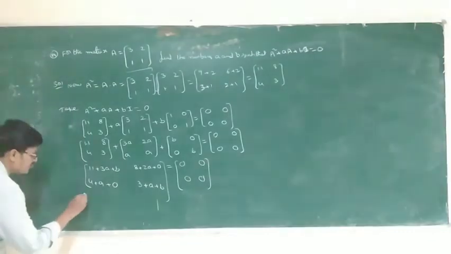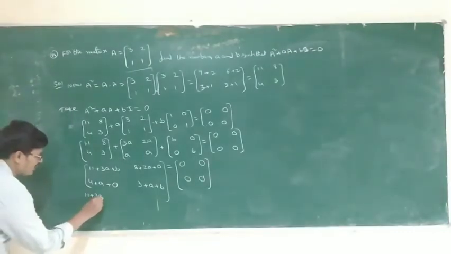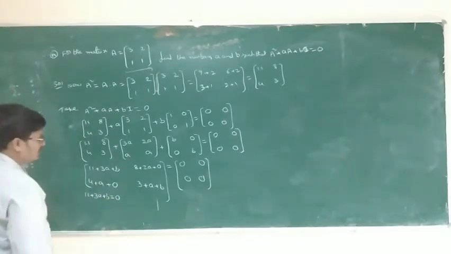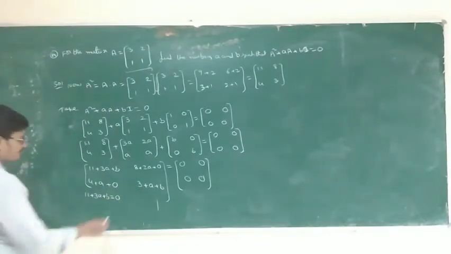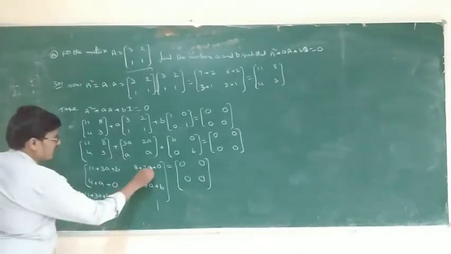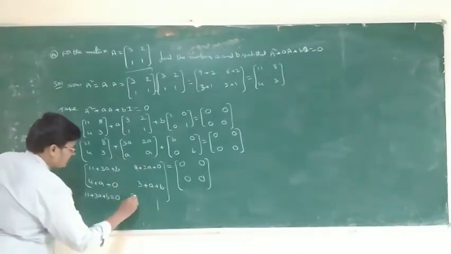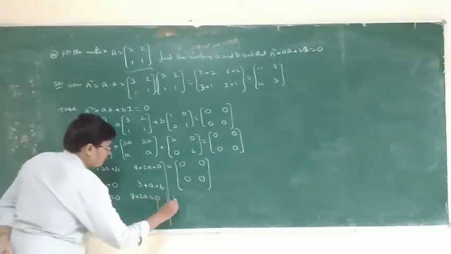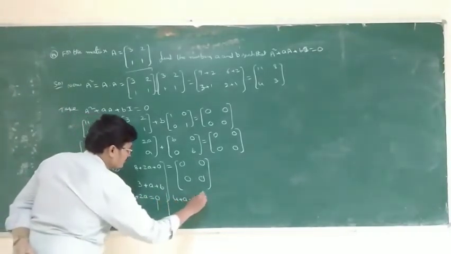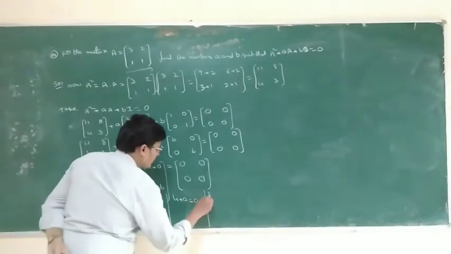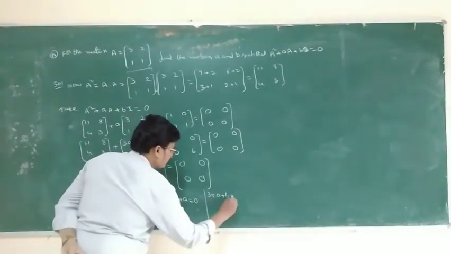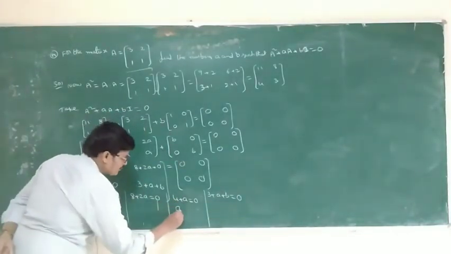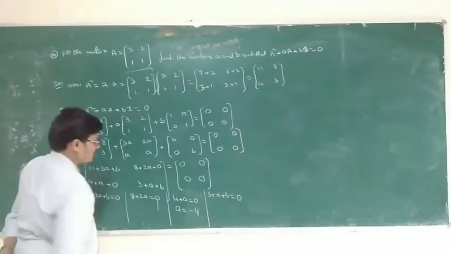So 11 plus 3a plus b is equal to 0, 8 plus 2a is equal to 0, 4 plus a is equal to 0, and 3 plus a plus b is equal to 0. 4 plus a is equal to 0 means a is equal to minus 4.